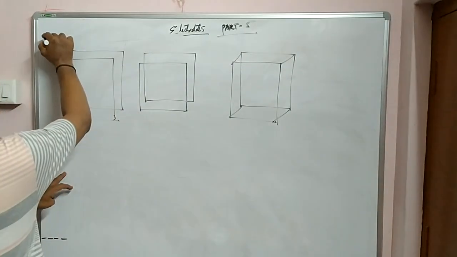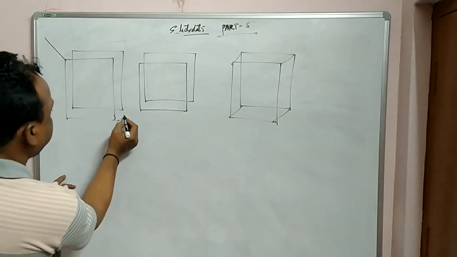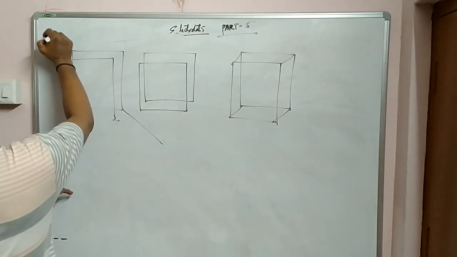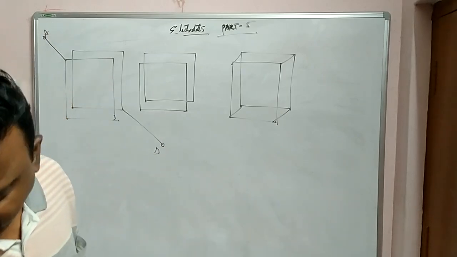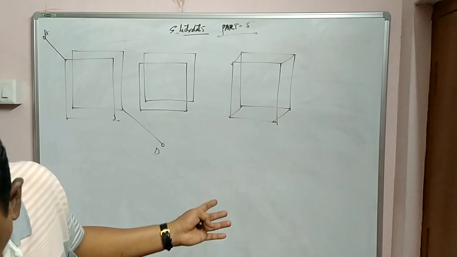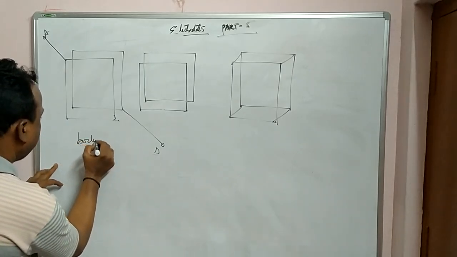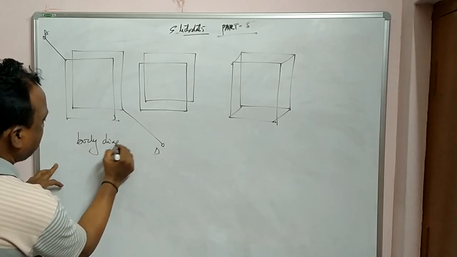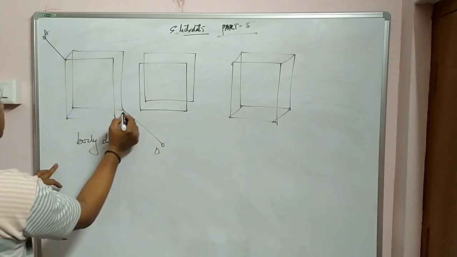And here, the first one is the effective value between these two, A and B. You can call this one the body diagonal, and all are having equal values, please.